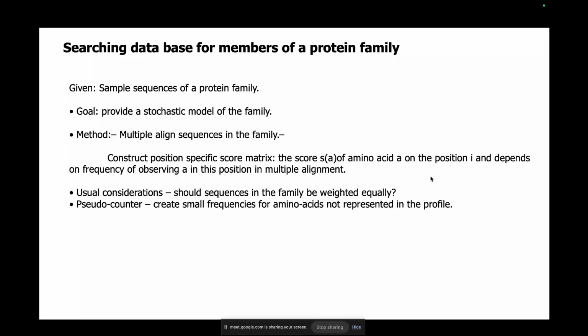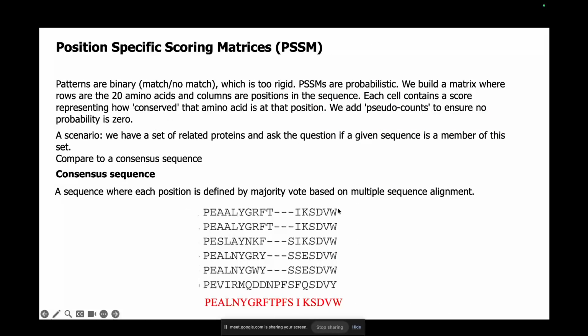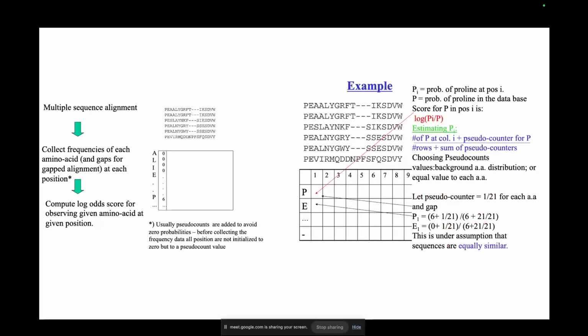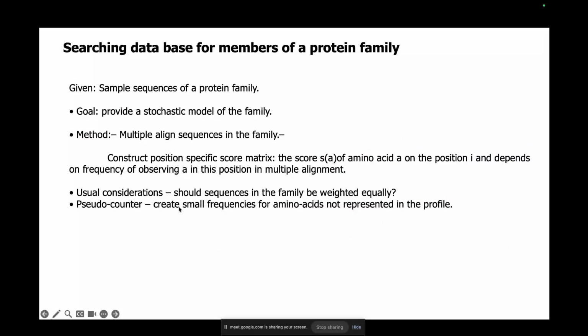First, you do multiple sequence alignment, as I showed here as well. If you have a protein family, the first step would be to do a multiple sequence alignment, and you construct this PSSM, the position specific scoring matrix. The score of the amino acid A at position I will depend on the frequency of observing A in this position in the multiple alignment.